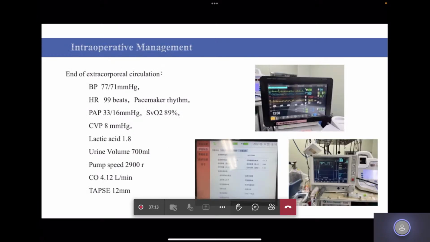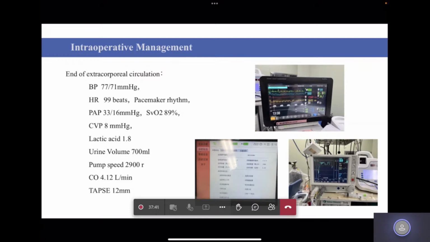When the patient left the operating room, all the indicators were satisfactory and the patient was in really good condition. As we can see, the blood pressure is 77 over 71 millimeters of mercury, and the heart rate is 99 beats per minute. It's a pacemaker rhythm because we did the ablation during the surgery.